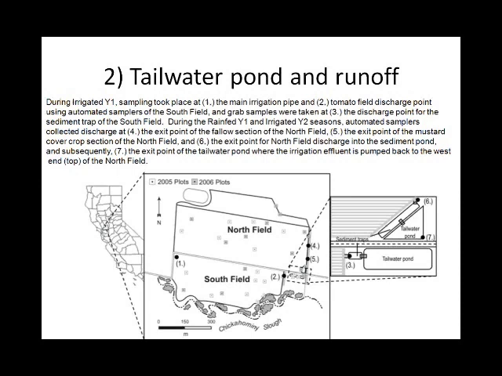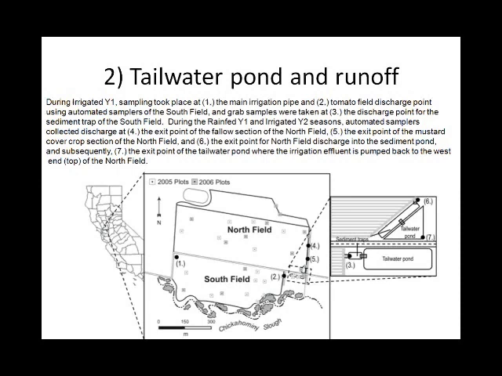The south field had tomatoes on it the first year, so it was sampled at the top of the field where the irrigation water was delivered, at the sediment trap, discharge point, and in the tail, that's number 2, and then if you go to the higher resolution drawing, in the sediment trap itself.